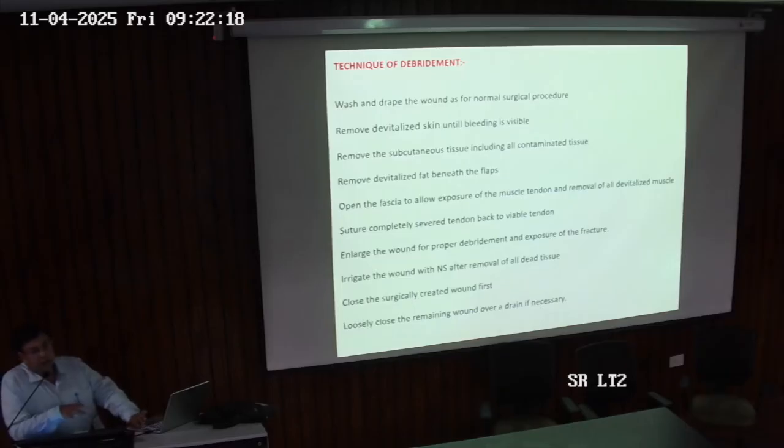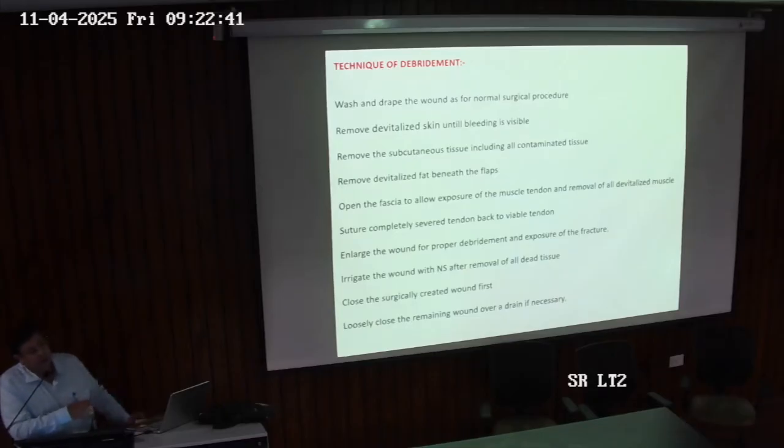How can we differentiate between viable muscle and dead muscle? The dead muscle looks darker, it does not have tone, and it does not contract on pinching. So all dead muscle is removed.